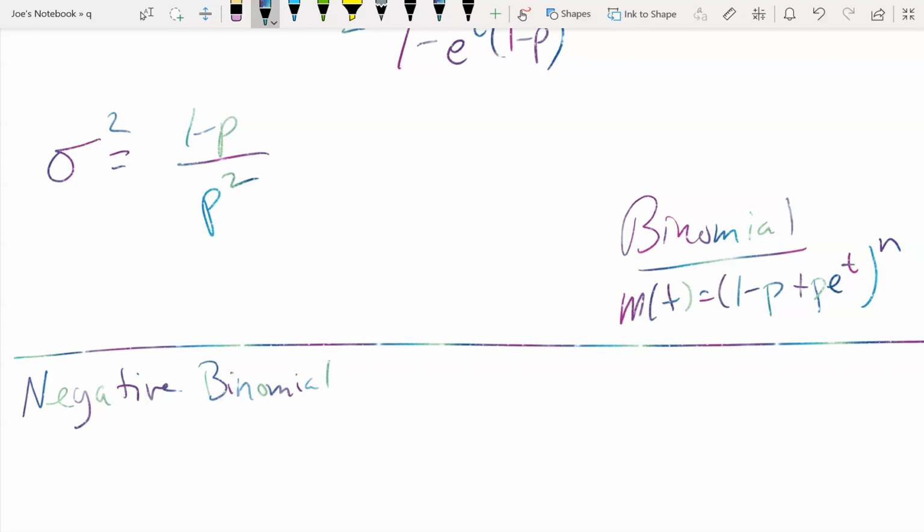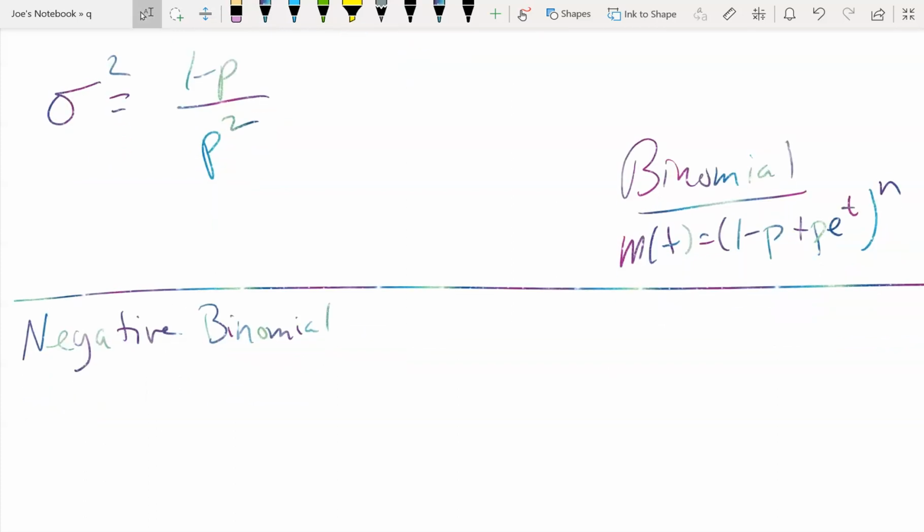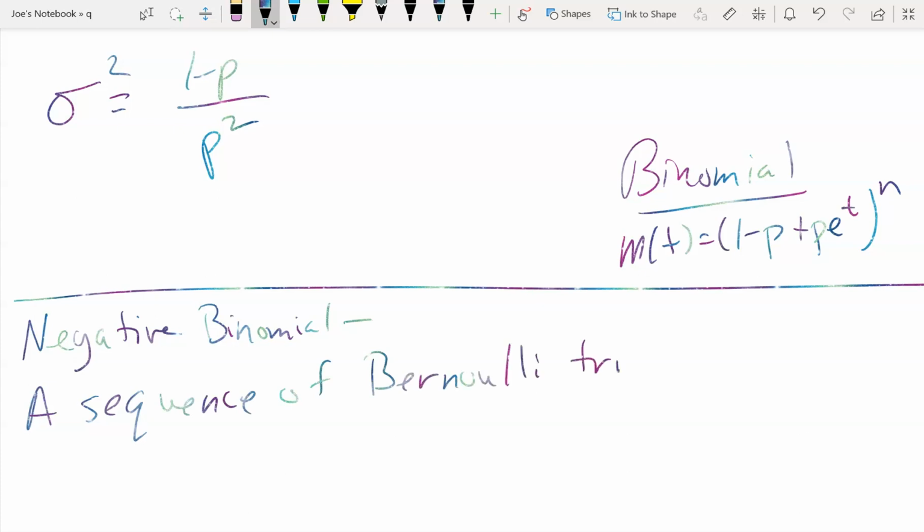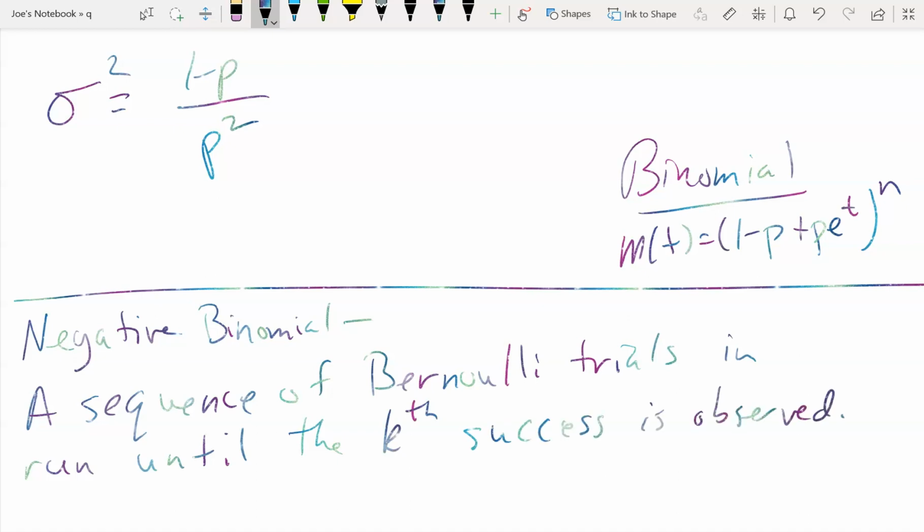So for this one, we're going to run a sequence of Bernoulli trials until the kth success is observed. So instead of the first success, it'll be the kth success.